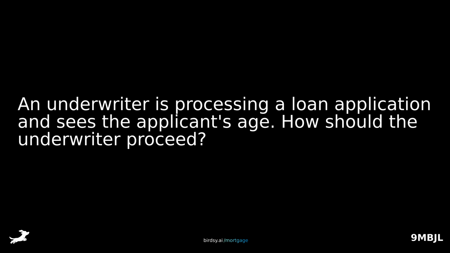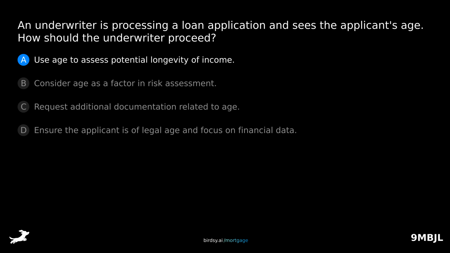An underwriter is processing a loan application and sees the applicant's age. How should the underwriter proceed? Is it A, use age to assess potential longevity of income, B, consider age as a factor in risk assessment, C, request additional documentation related to age, or D, ensure the applicant is of legal age and focus on financial data?